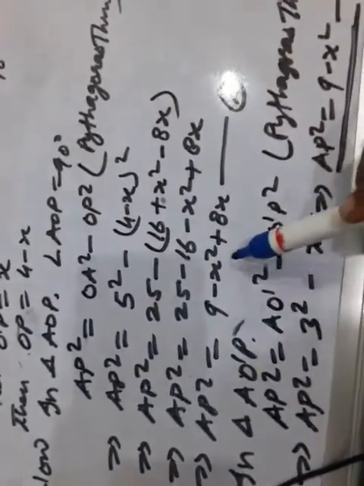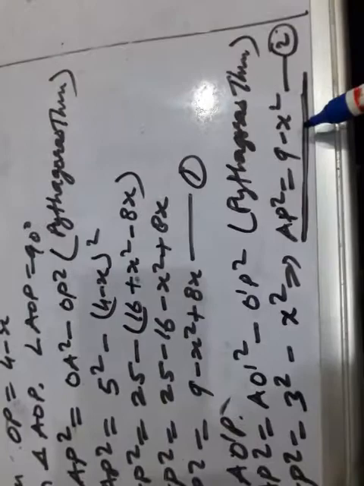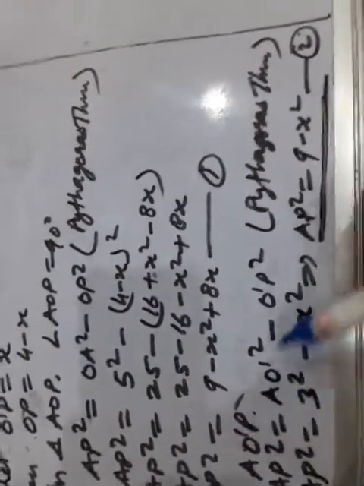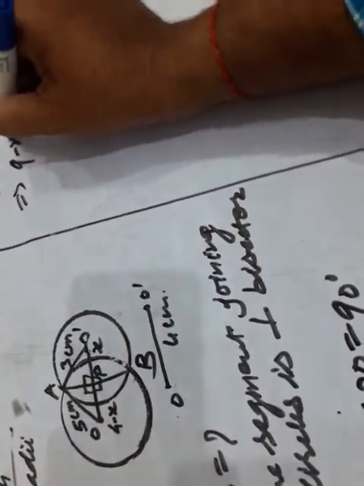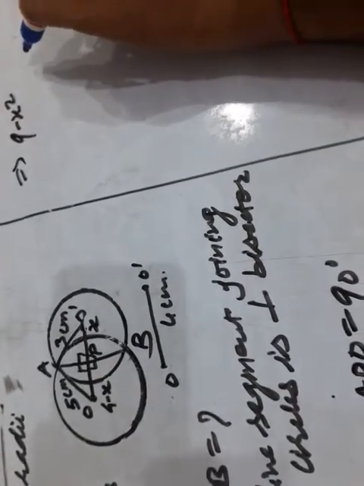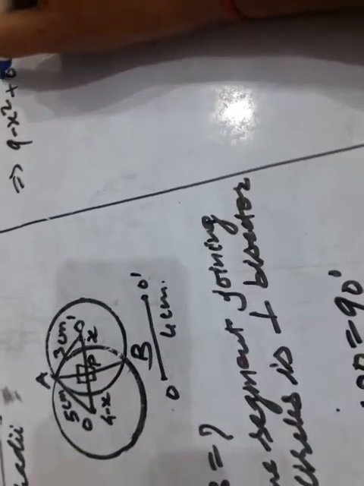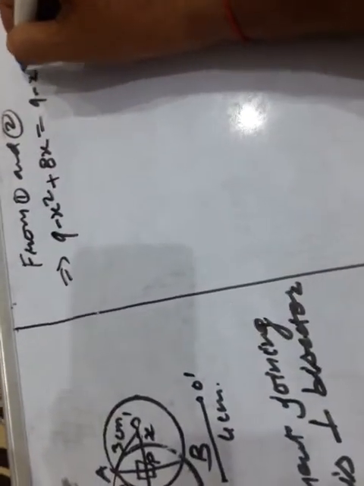AP square equals 9 minus x square plus 8x, and here AP square equals 9 minus x square. Since their left hand sides are equal, their right hand sides will also be equal. That is, 9 minus x square plus 8x equals 9 minus x square.